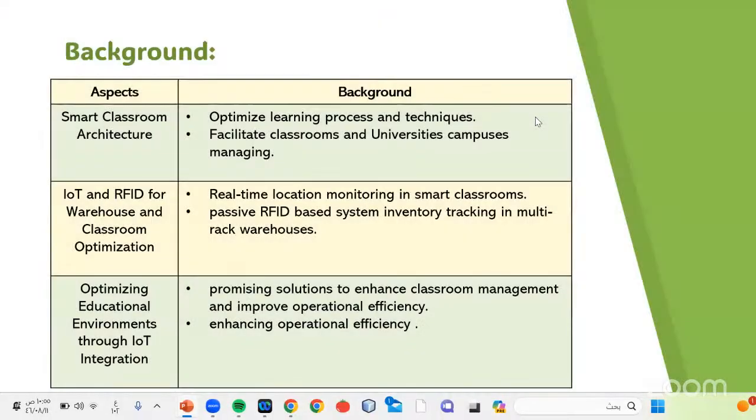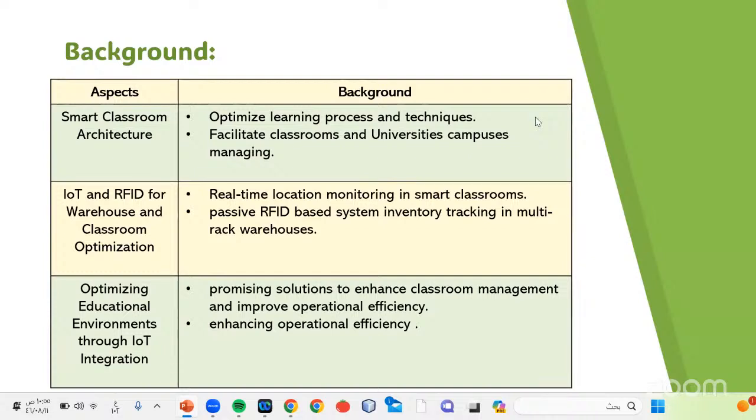Here we talk about the background and the literature review, which we cover in our research paper. We highlight the key aspects of our approach. First approach, smart classroom architecture: we optimize the learning process and techniques to facilitate classroom and university campus management.